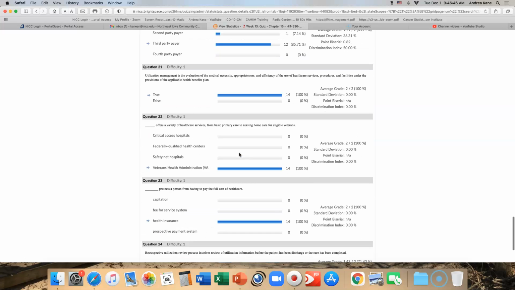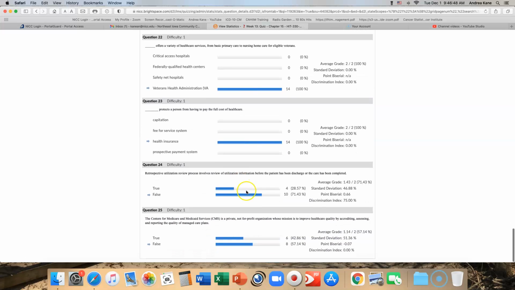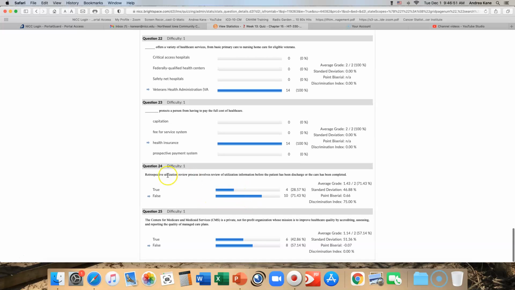Number 24. Again, only 4 people had it wrong, but I want to talk about it. Retrospective utilization review processes involves utilization of information before the patient has been discharged or the care has been completed. Why is this false? It's false because retrospective is after the fact, and this says before.